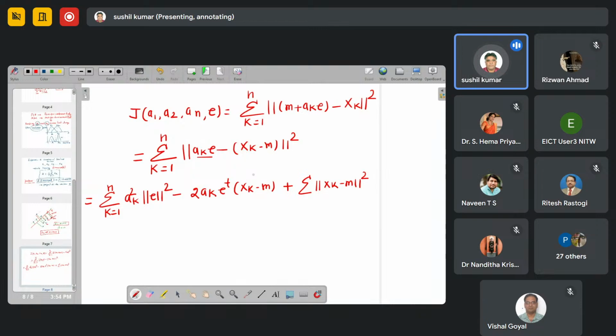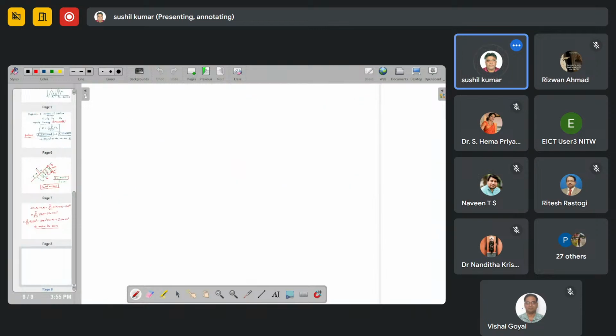Now the purpose here is to reduce this error. This is the error here, and how can you reduce it? We need to think about it. If you know about optimization or minimization, we will use differentiation here.